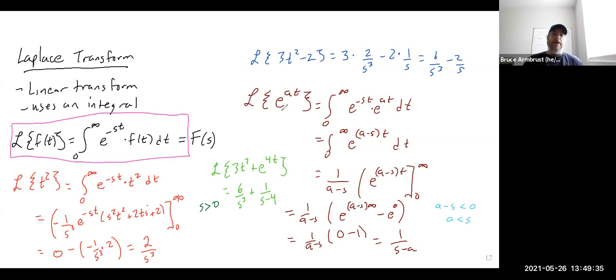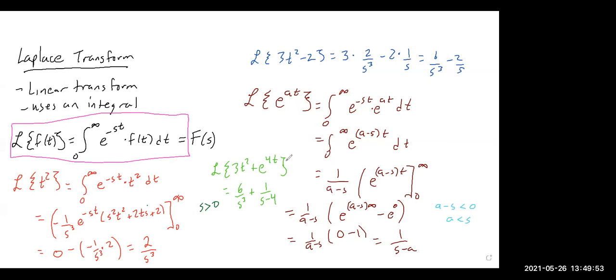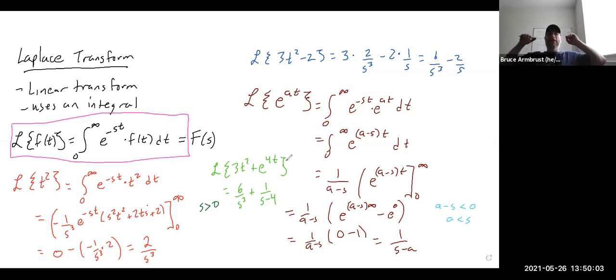So hopefully you're seeing the power of this. Since we just did e to the at with plain old a, we are now golden. It doesn't matter what exponential function, we're good to go. What if we had an exponential function like e to the t squared?